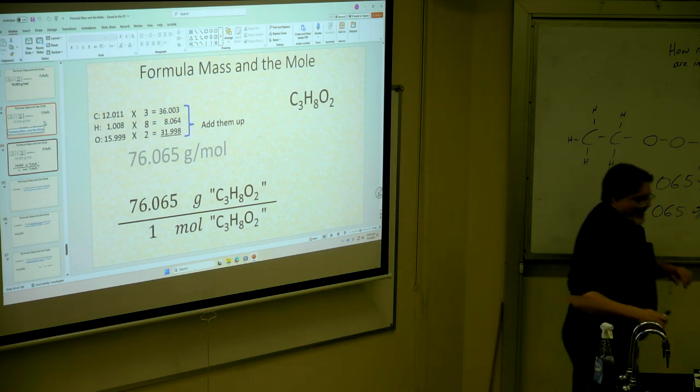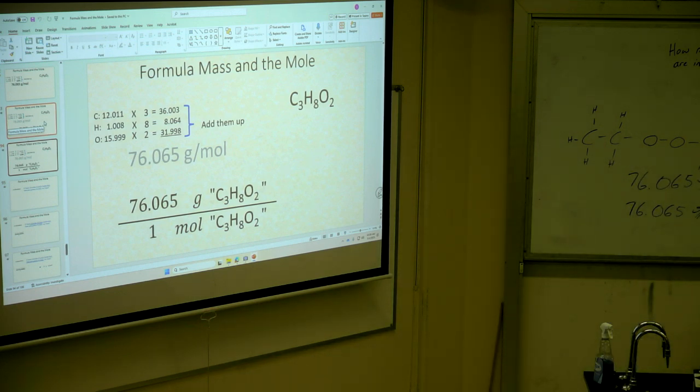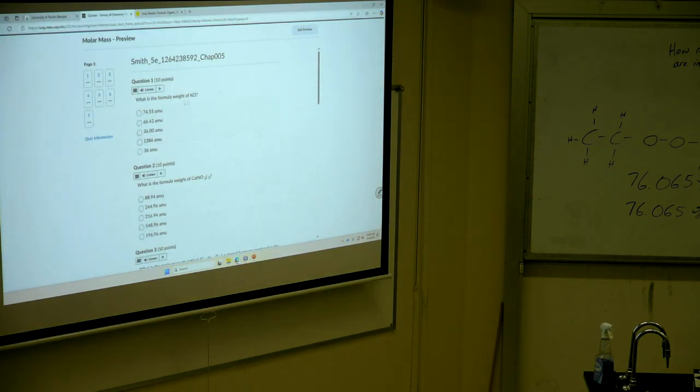There's a little bit of mathematical trickery to get it to be that way. And so anyway, here you would look up potassium on the periodic table, get its grams per mole. Look up Cl, get its grams per mole. There's only one of each of those, so you just add them together, and that's what the numerical value is here.